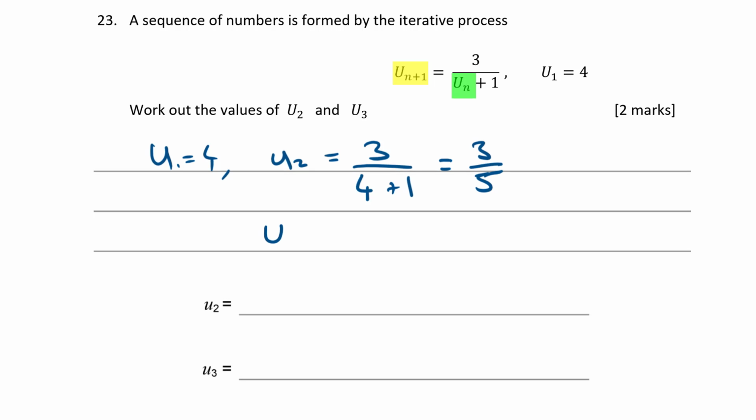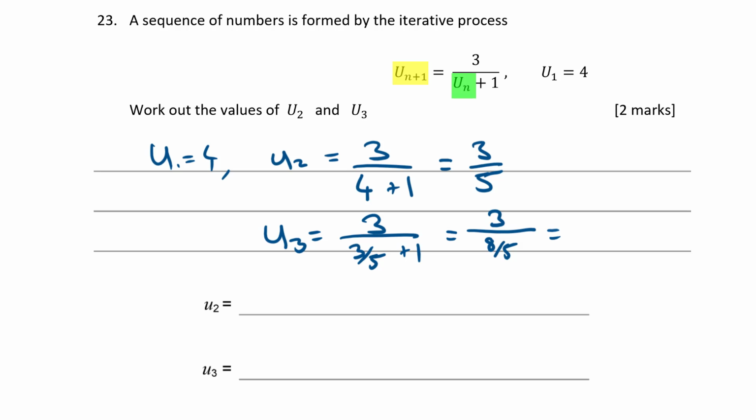And then my u3, my third term, is going to be 3 divided by my second term, 3/5 plus 1. Now what's 3/5 plus 1? 1 is 5/5. So 3/5 plus 5/5 is 8/5. So I've got 3 divided by 8/5.